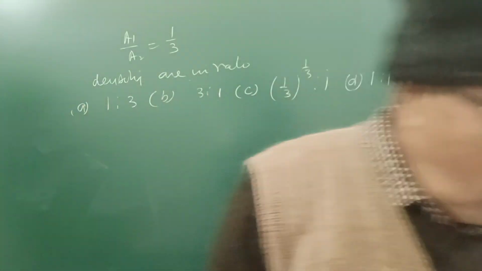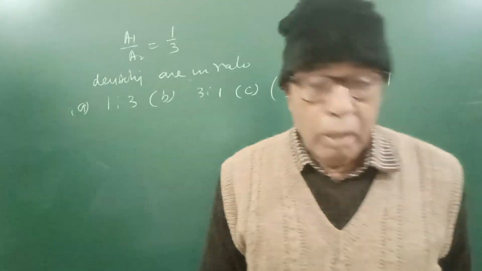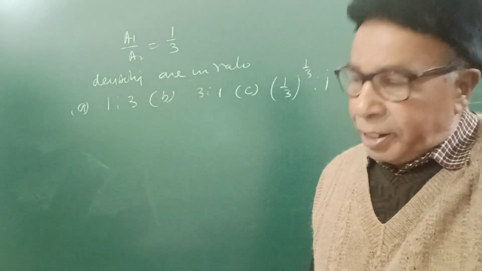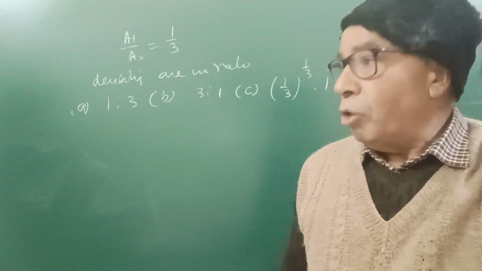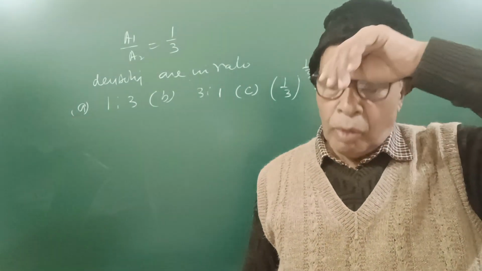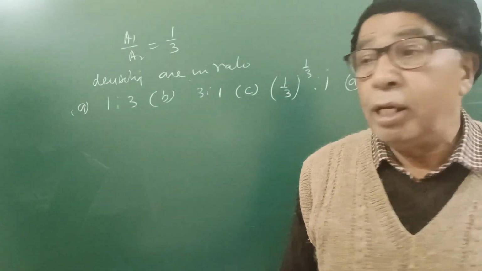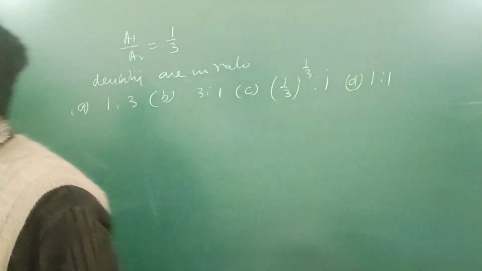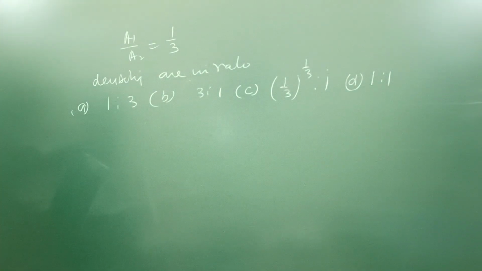Just now in the first question I told you that the density of nuclear matter, that is, the density of the nucleus of every element, is the same. We have proved it there.